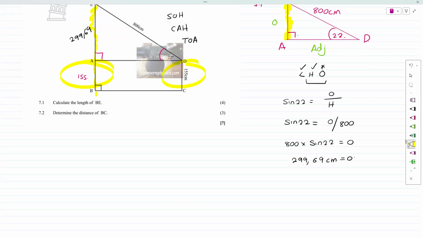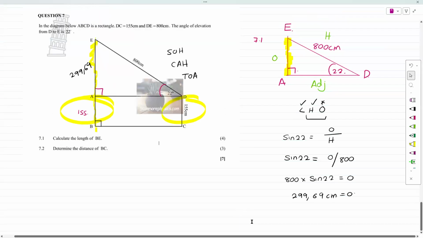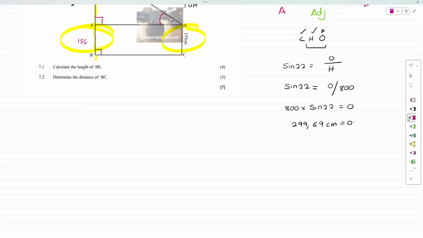So it's quite simple to deal with, because all we have to do is say, hey, EA plus AB equals BE. So this will be 299.69 plus 155, and that equals 454.